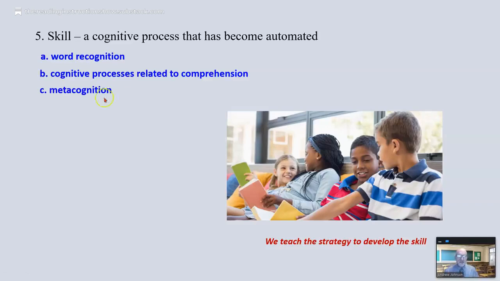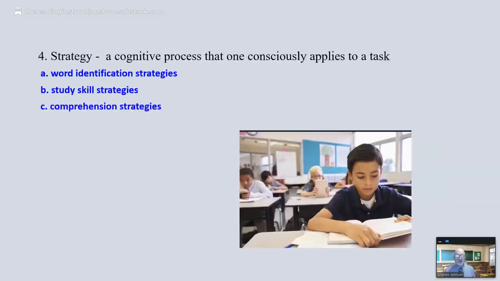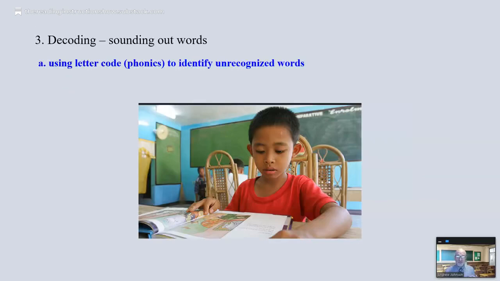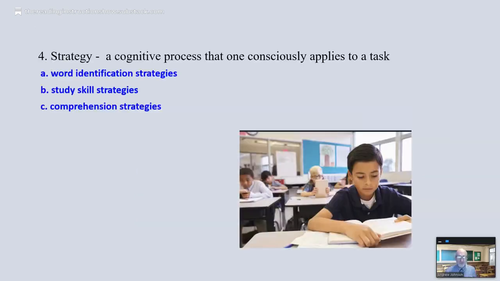So students do this automatically, metacognition. They realize they don't understand and they go back and they reread. Metacognition. These are all skills, strategies that have become automatic. We teach the strategy to develop the skill. We teach these various strategies, word recognition strategies, to develop the skill.